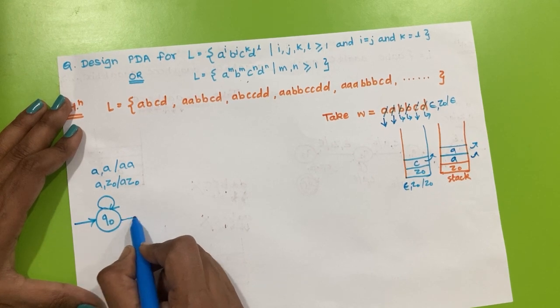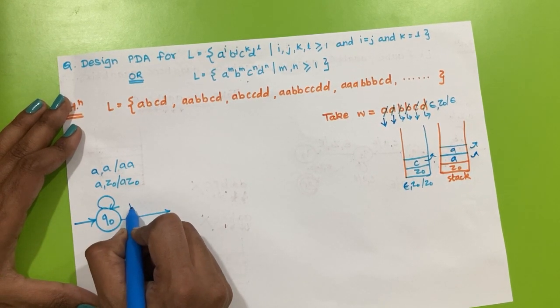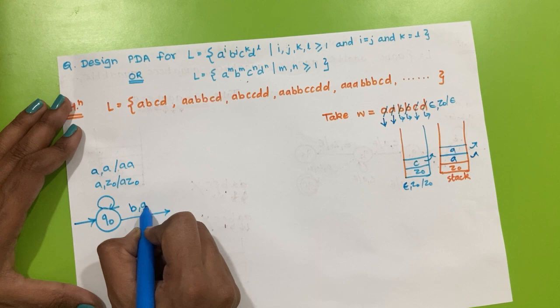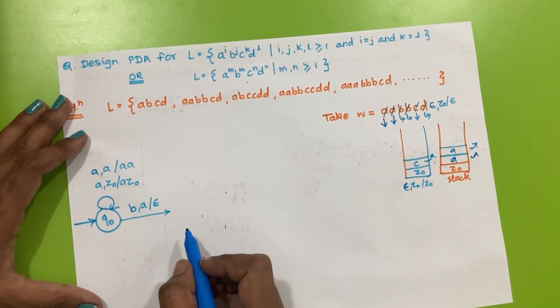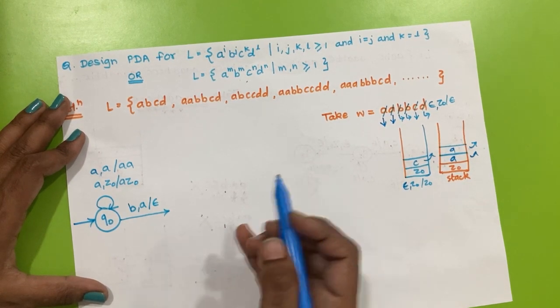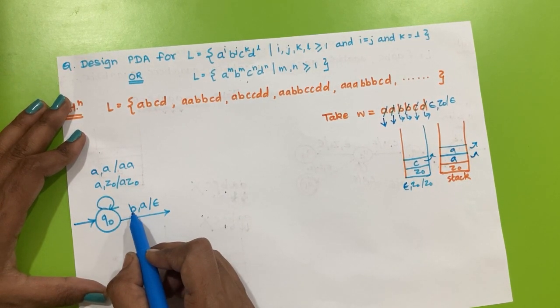Now next, whenever we have input symbol B and top of stack is A, then and only then we have to perform pop operation, because we have to cancel A's for B's.